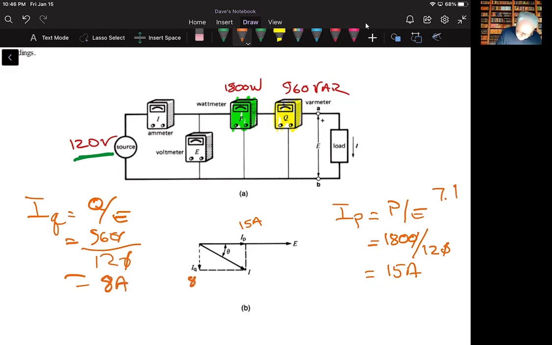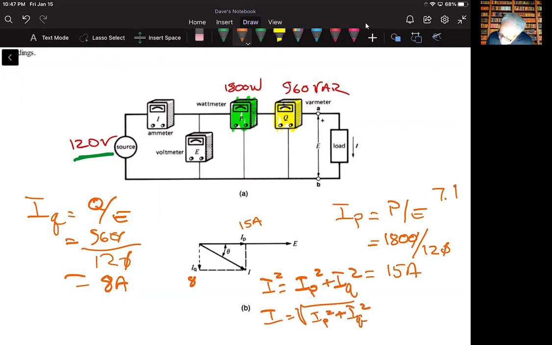All right, so that's part A, and we solved those two currents. Then if I wanted to know what the line current is, I have to add those as vectors, and I squared is I sub P squared plus I sub Q squared, or I is equal to this value.